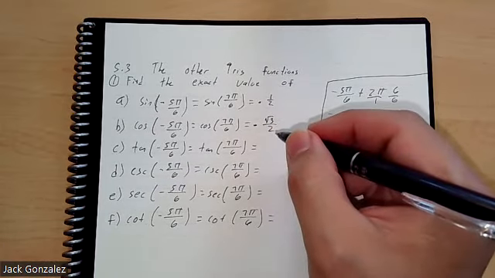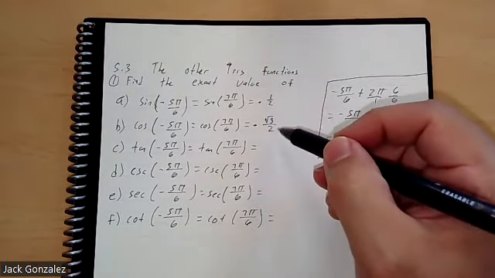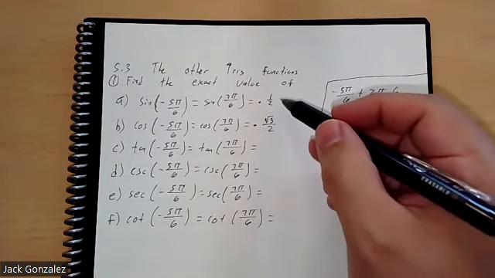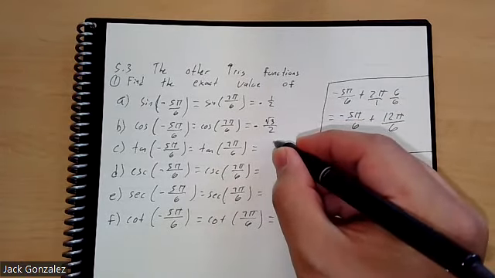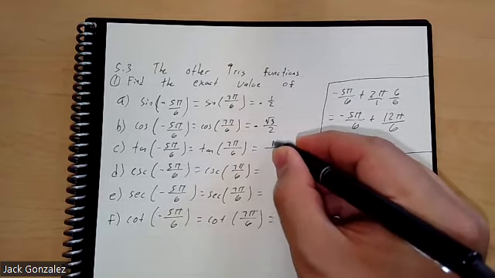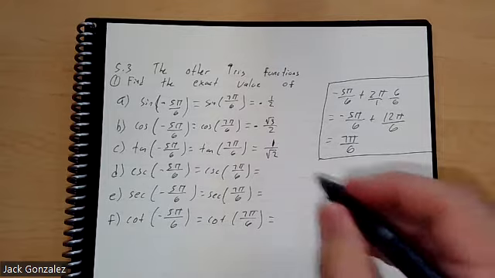Okay. Now, tangent is the ratio of sine over cosine. So divide these two. Negative divided by negative is going to give you positive 1 over root 3. 3, not 2.